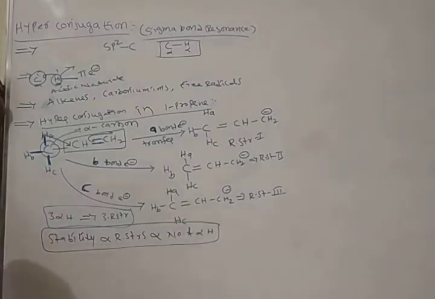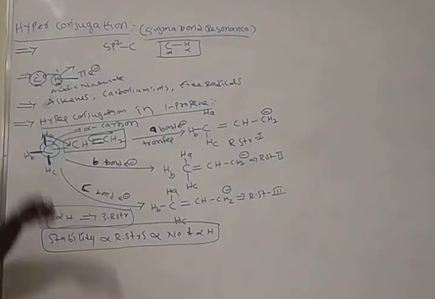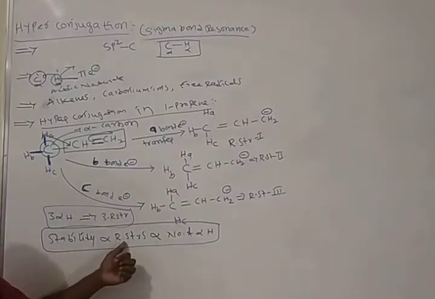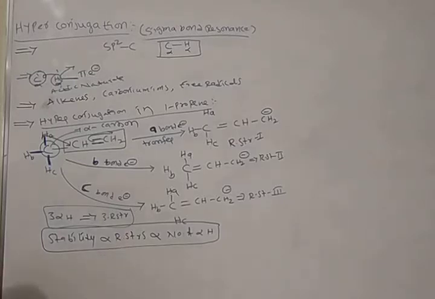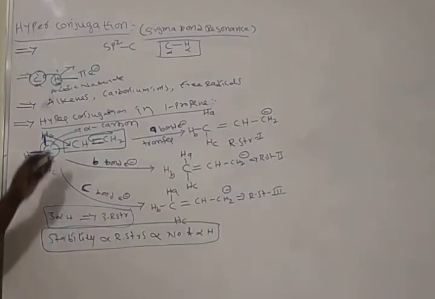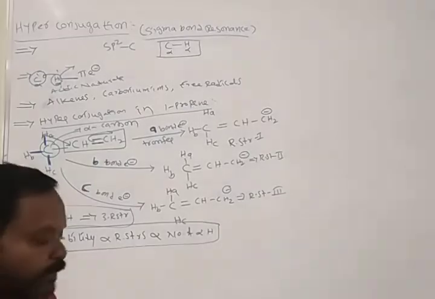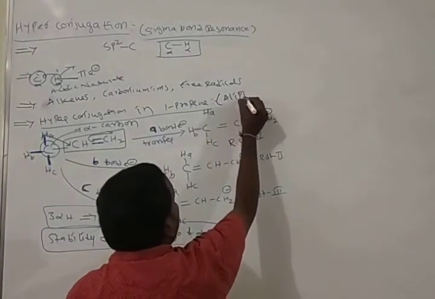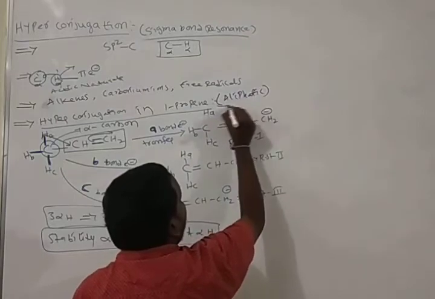By increasing the number of alpha hydrogens, the resonance structures increase. So that is the relation between hyperconjugation and one propene. One propene is an aliphatic molecule.